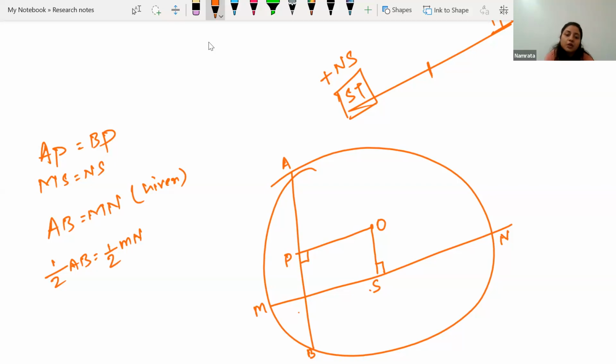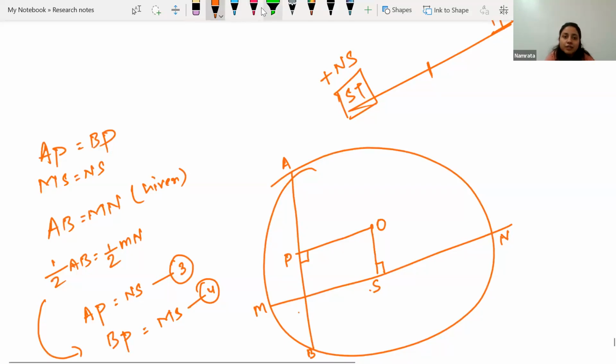We can take AP or we can take BP. So we are taking AP is equals to half of MN. Half of MN we can take NS. This is equation number 3. Clear? Similarly, half of AB and half of MN, we can also take BP. We can also take MS. And this is equation number 4.